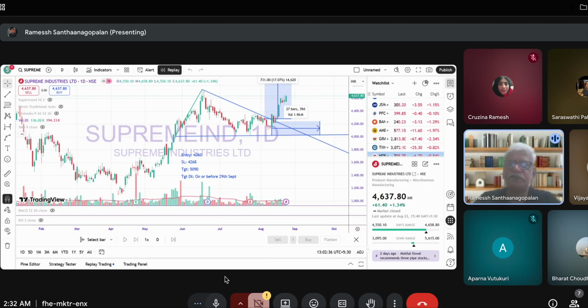What I have said, the target and all those things, I have set based on Ichimoku only. Exactly this line I have drawn and shown you. Whether you are following Ichimoku or anything, for the short term there has to be a consolidation. If you don't see any kind of consolidation or pattern, don't enter at all.